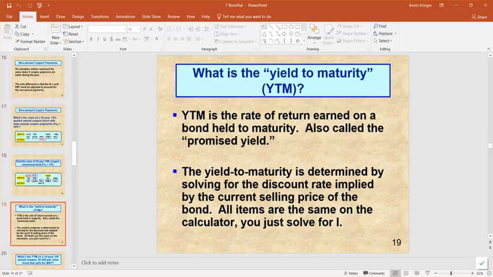Now the yield to maturity here is what we've basically been talking about. The yield to maturity is assuming that the bond is held all the way until the end. We mentioned earlier, back to the first part of our slides, that sometimes bonds aren't actually held all the way until the end. Sometimes bonds are actually retired early. They could be put, where the issuer retires them early, or much more commonly, they can be called.